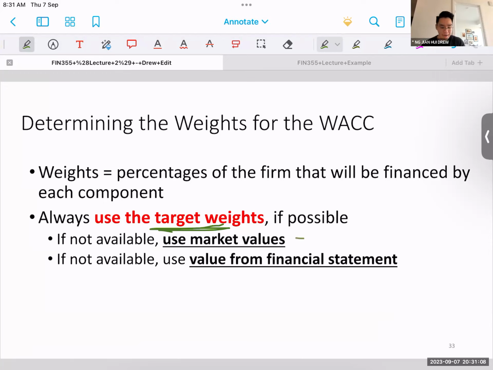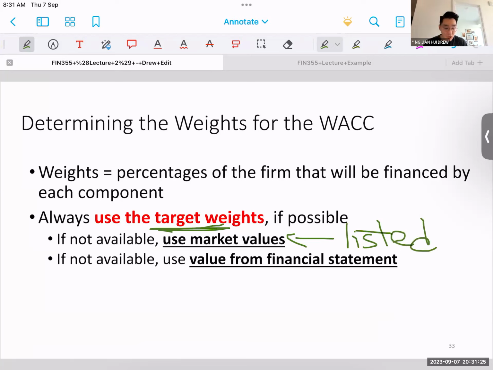So we use the market value. Market value, I would say 90% of the time, you can find it if it's a listed stock. If it's listed, you can always find market value, so you should always use market value.